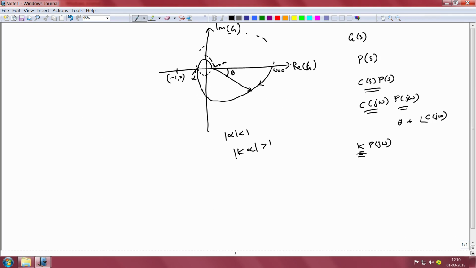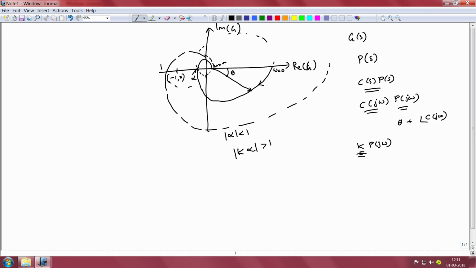When our k times alpha is greater than 1, our Nyquist plot will look something like this, and if it encircles the point minus 1, we would notice that its mirror image would also encircle. So we would have essentially 2 encirclements of the critical point, which would make this closed loop system unstable, because we would have 2 unstable poles for the closed loop system.